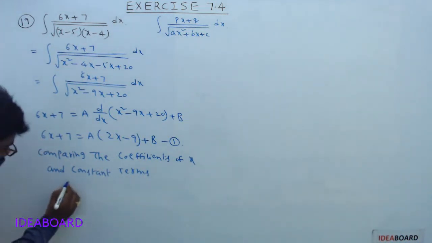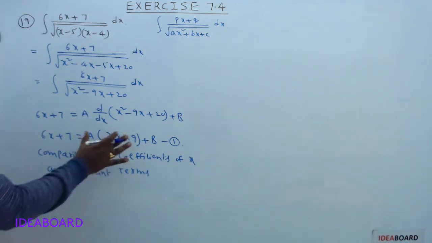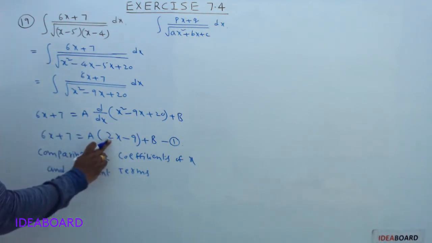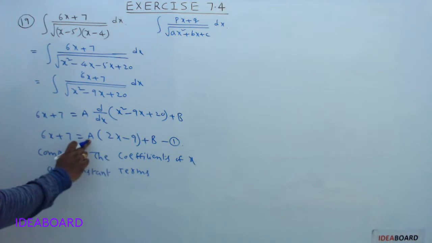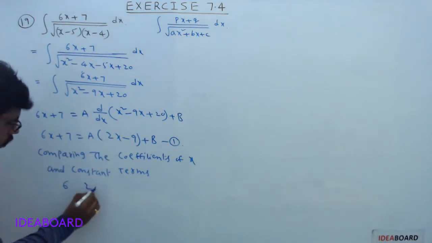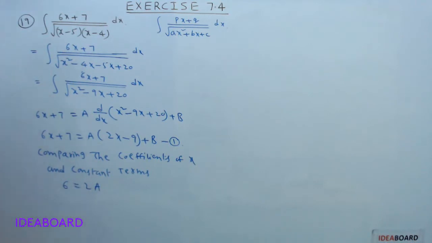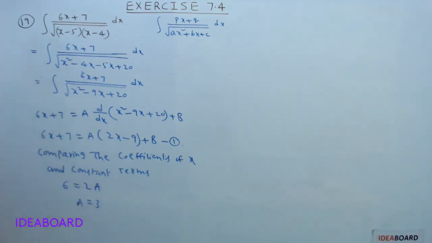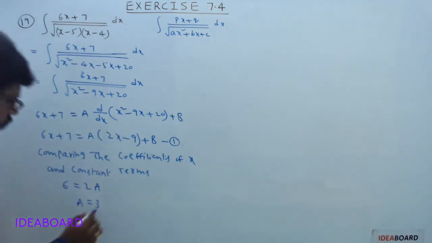The x coefficient value is 6. In the right hand side, what is the x coefficient value? The x coefficient is 2 multiplied with a. So the x coefficient in the right hand side will be 2a. Therefore 6 equals 2a. The a value is 3.